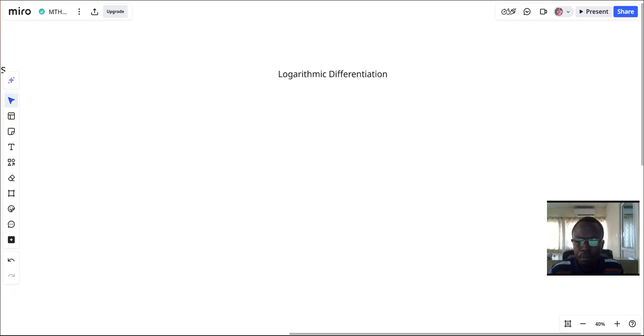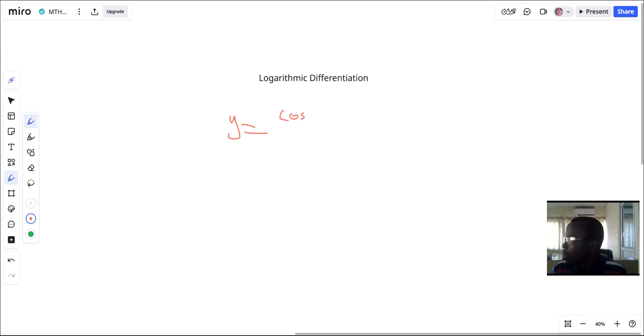The first example says differentiate y is equal to cos 2x e power 4x all over tan square x.